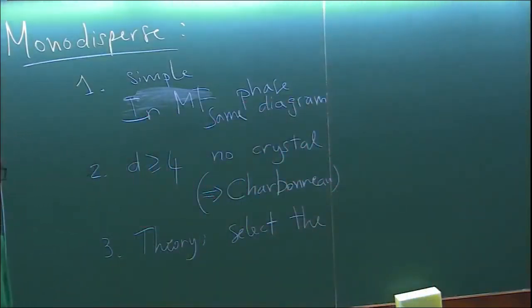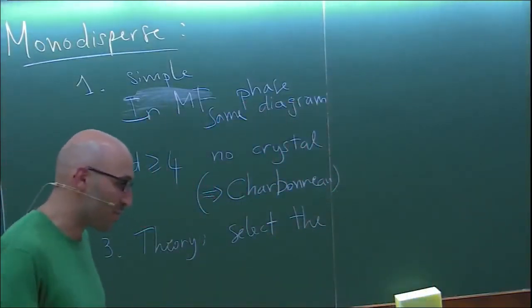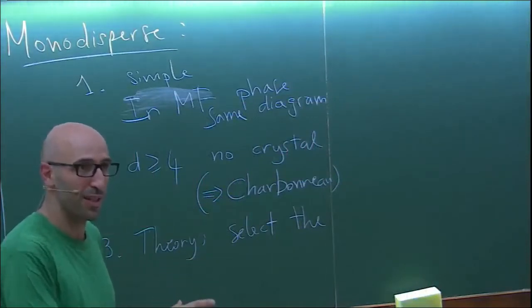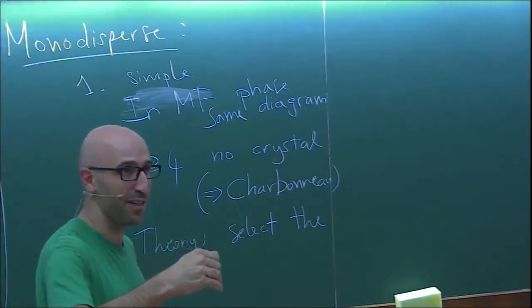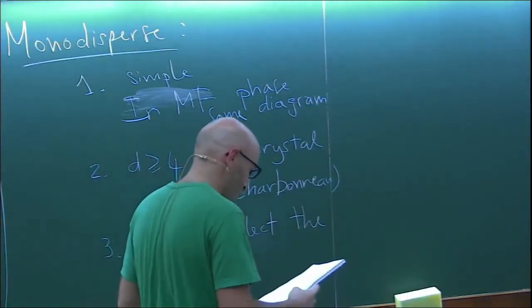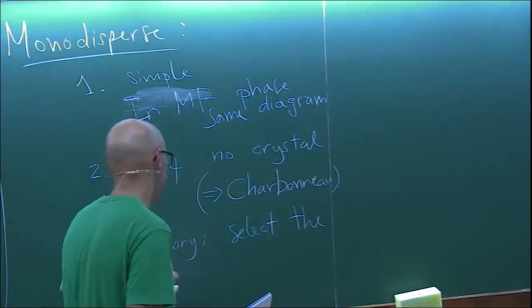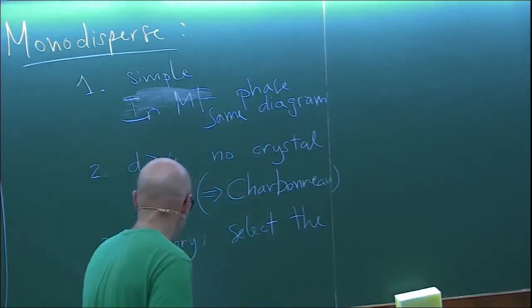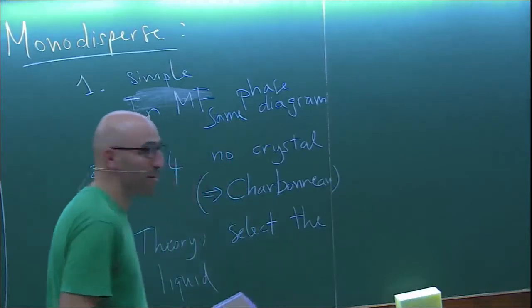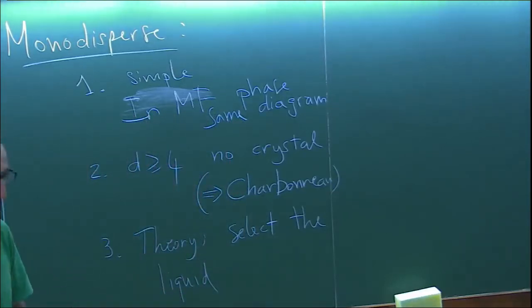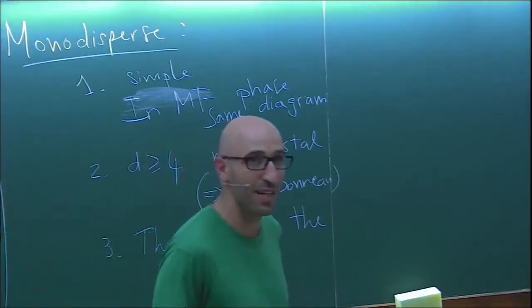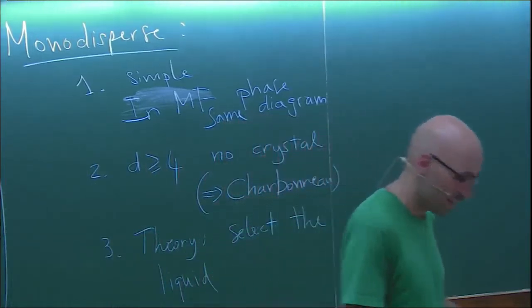The crystal will be the stable phase. But in the theory, you can always choose to remove the crystal and focus on the metastable liquid phase. And I will explain how to do it. But essentially, you can select the liquid by imposing translational invariance. You impose that your system is translationally invariant, so it cannot crystallize.